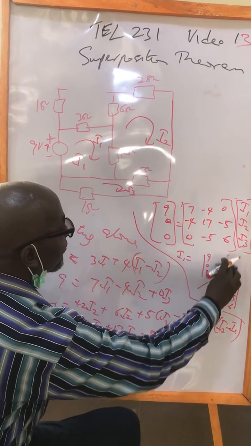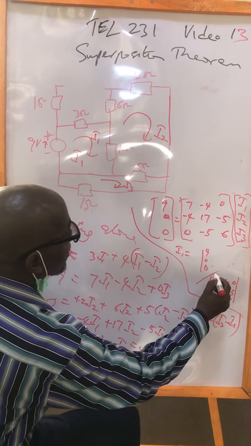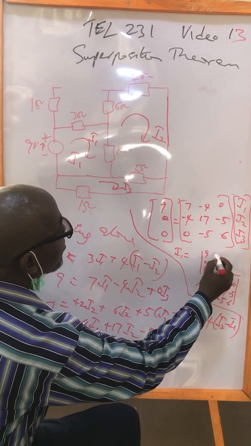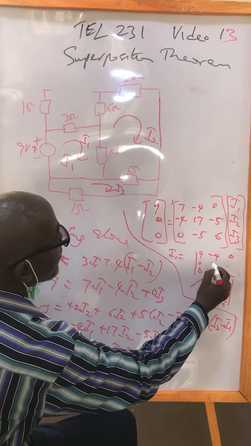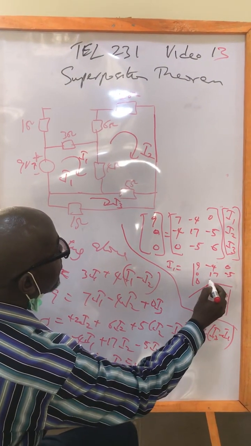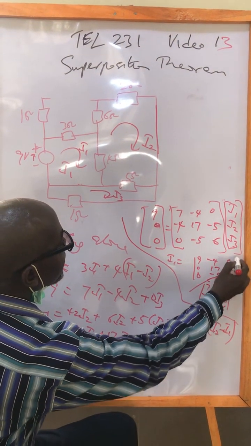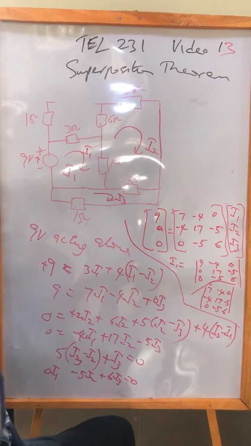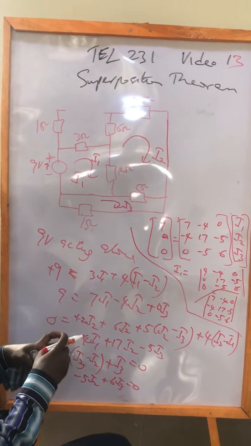For a clearer view, let me make it separated. Let's pause the video so that we calculate it and return the result.